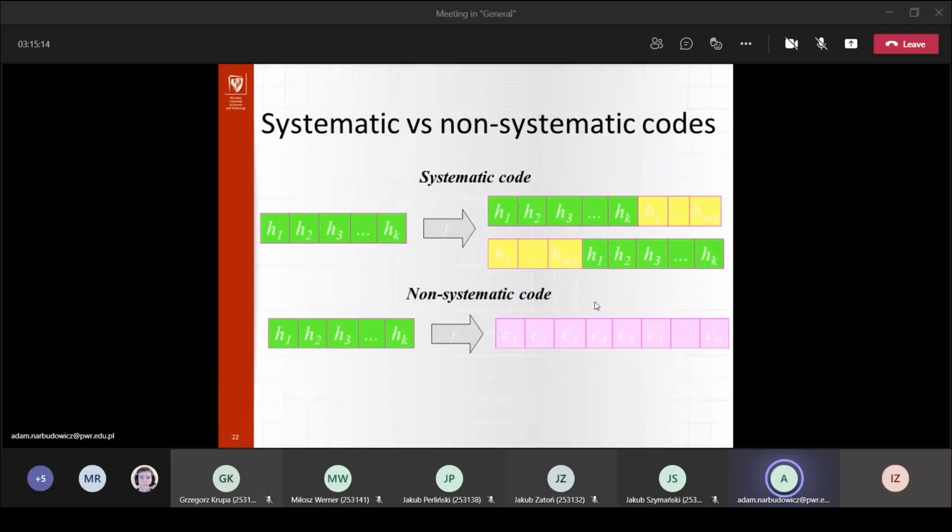However, this is just an example, and in principle, we can have what's called a non-systematic code, where we change all of the values, right? So even here, you cannot really see your original input block, but still the information is there, just embedded with the additional redundancy bits.